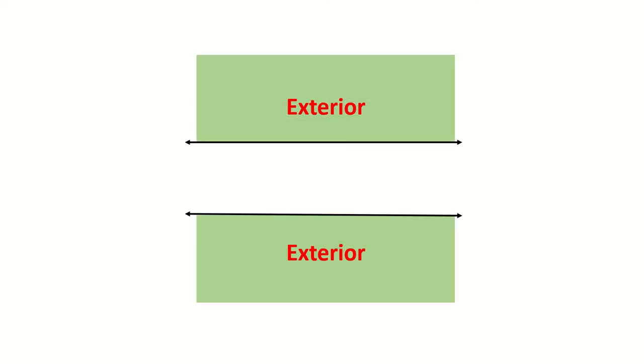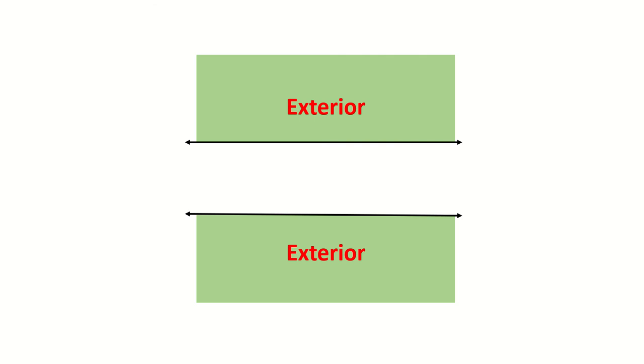Now, our focus is more on parallel lines. If we revisit the definition of parallel lines, these are coplanar lines in which no matter how you extend them, they will never meet. By the way, we will be calling this region interior and this one exterior.